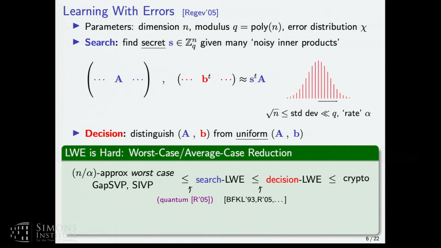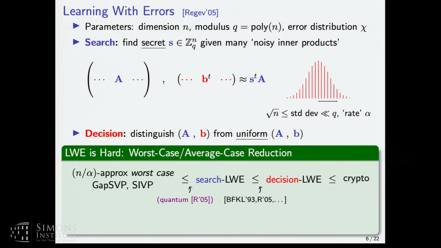And then there's a second step, which goes from search LWE to decision LWE. So it actually shows that these problems are essentially equivalent via this reduction here. And that actually goes back to a paper by Blum et al. from '93, but that was for learning parity with noise. It generalizes quite easily to this more general case with a larger modulus Q. And so if search is hard, then decision is hard.